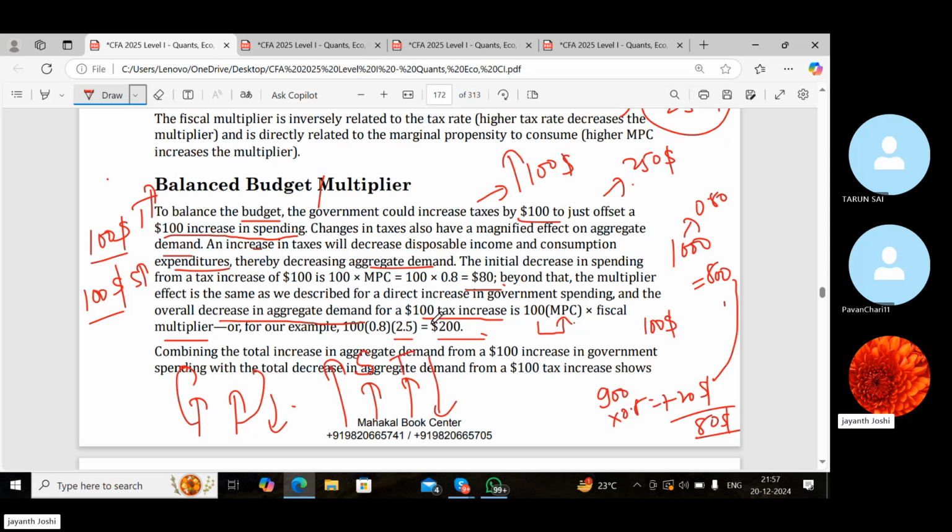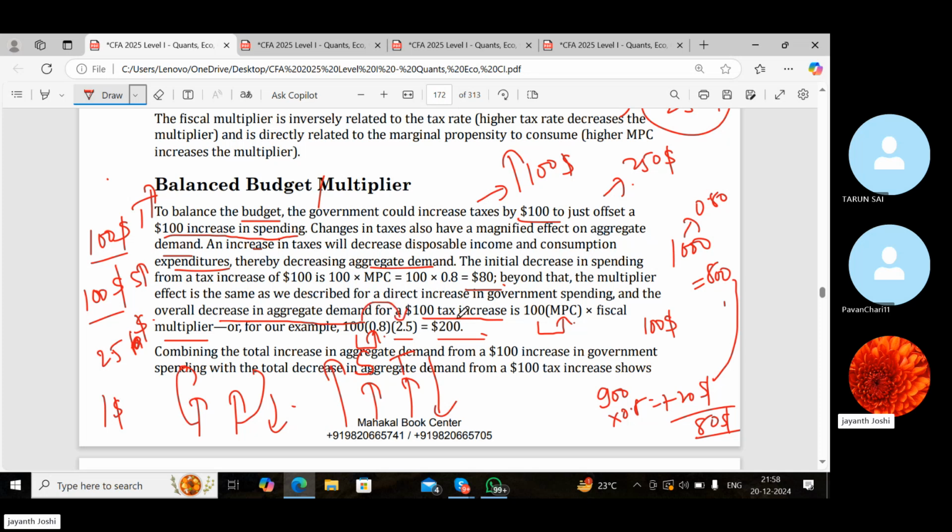And the multiplier we saw, if government increases the spending, the GDP is going to grow by 2.5 times. For $1 spending by the government, the aggregate demand is going to increase by $2.5. However, now what is happening, we have $100 here, and we can only spend 80% of that, and the multiplier 2.5.